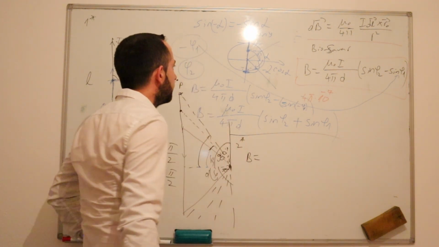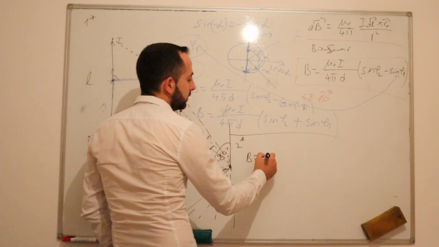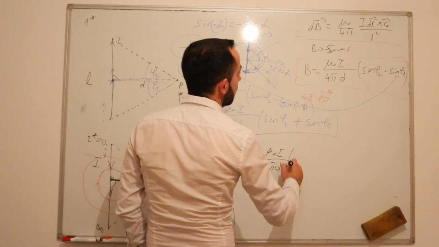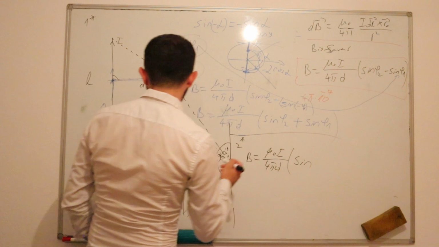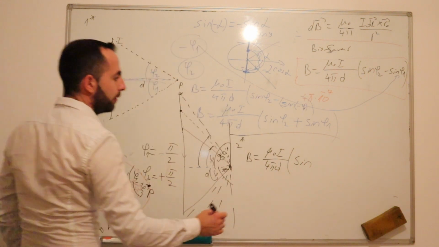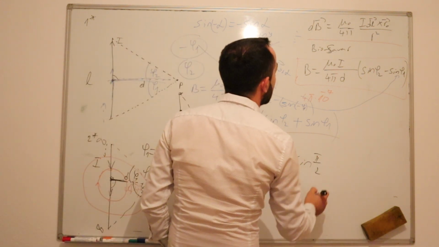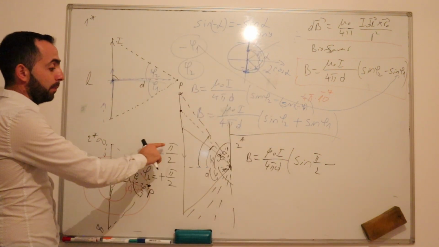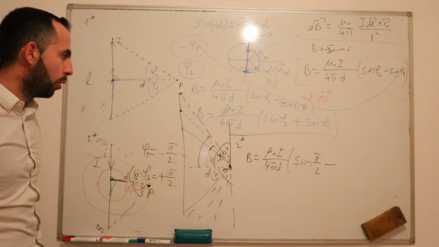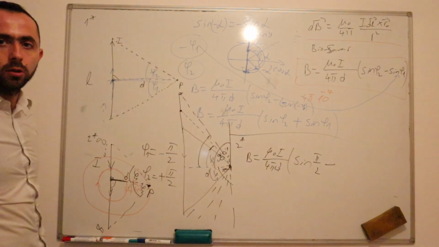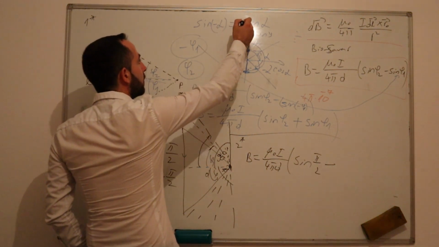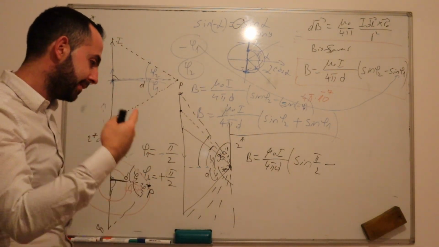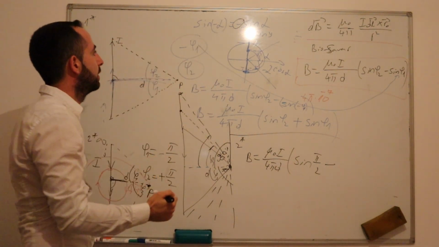Our magnetic flux density will equal mu0 I over 4 pi d times sine phi2, which is pi and a half or 90 degrees, minus sine phi1, which is minus pi and a half or minus 90 degrees. We already said that we can write that as minus sine of the positive angle.